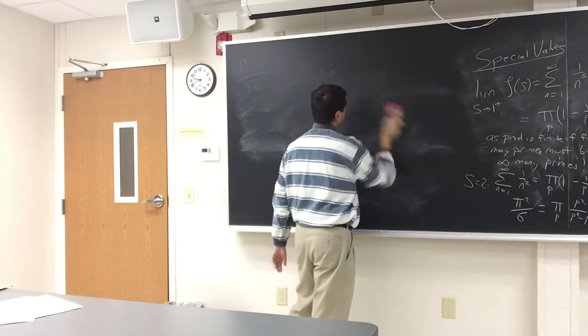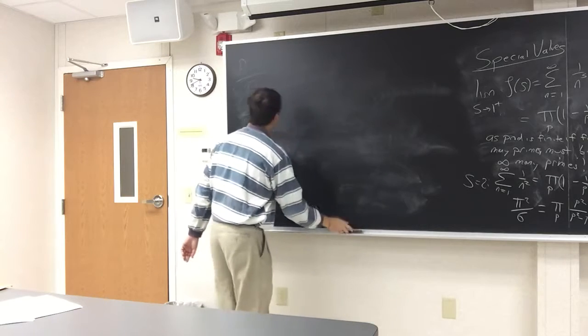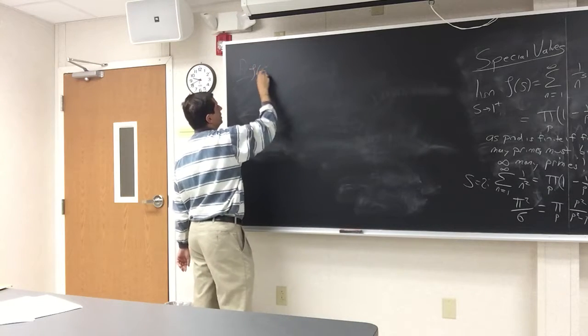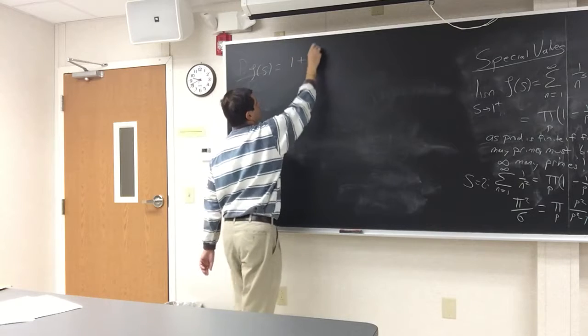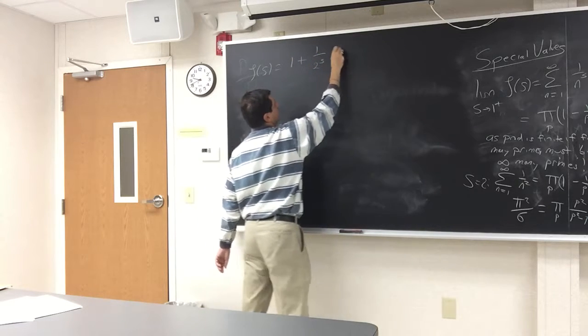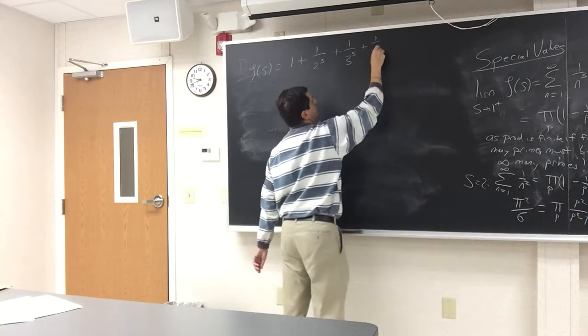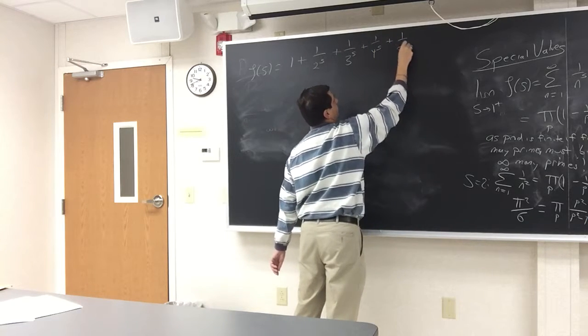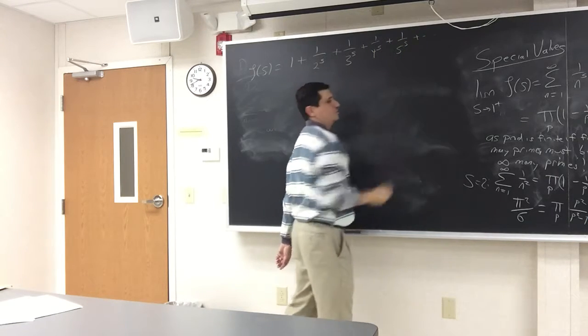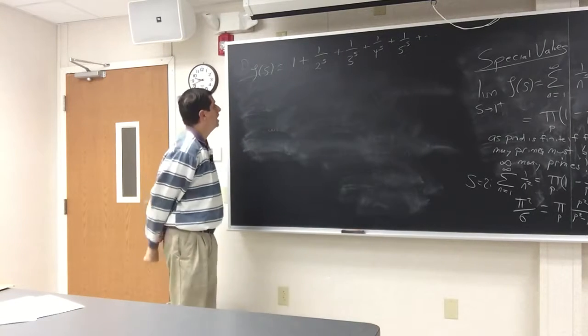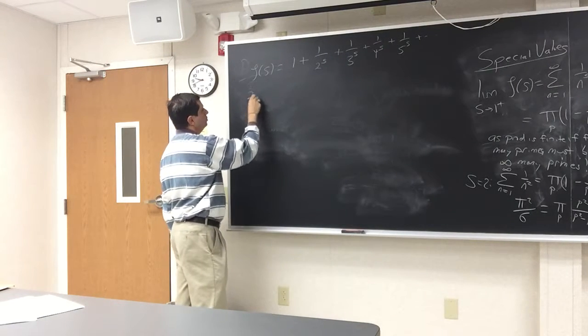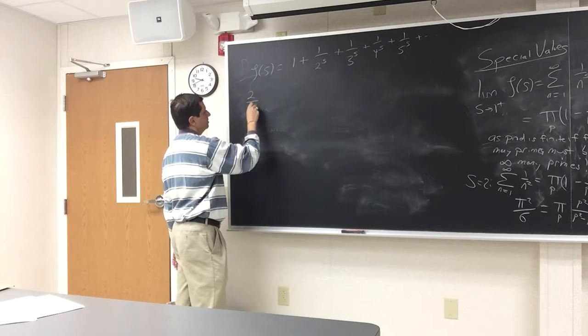So now, let's look at the zeta function. So zeta of s is 1 plus 1 over 2 to the s plus 1 over 3 to the s plus 1 over 4 to the s plus 1 over 5 to the s plus dot dot dot. I'm going to multiply by 2 over 2 to the s.